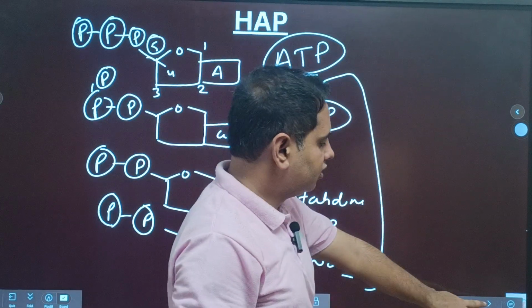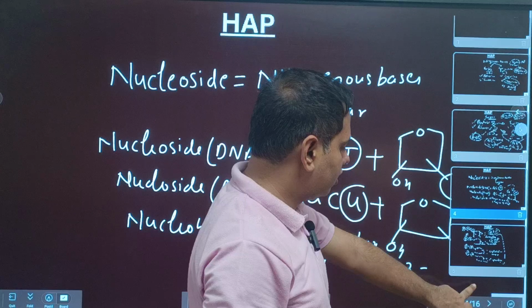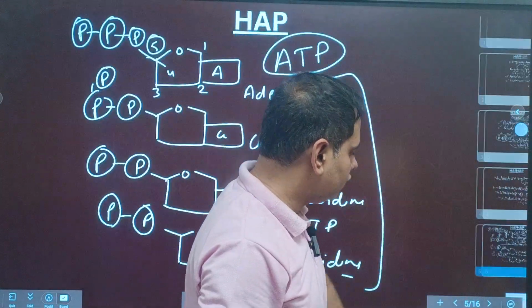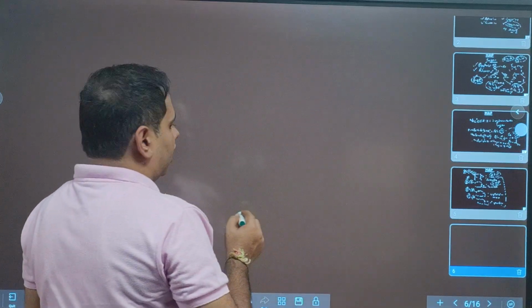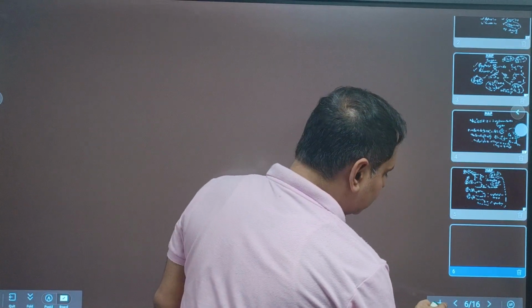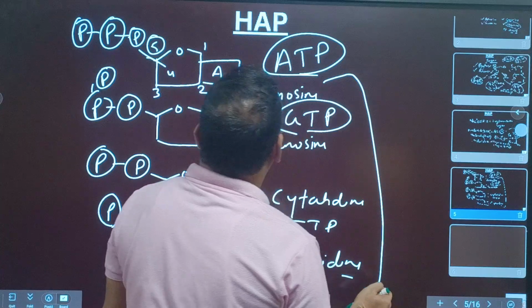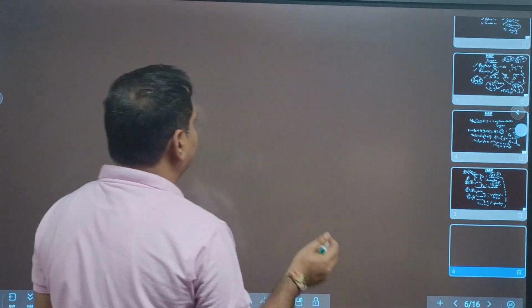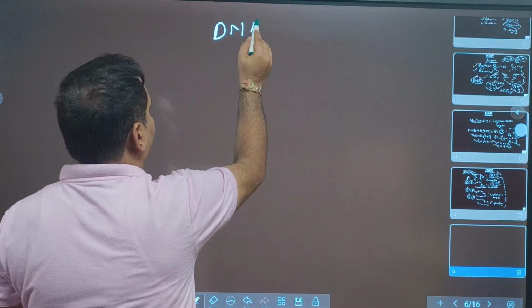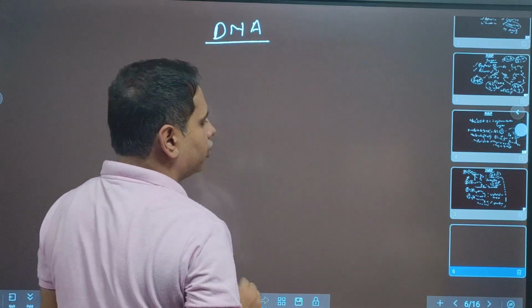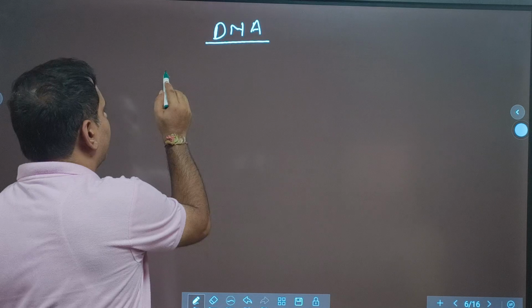Now we are talking about the polymer of nucleotides. We talk about DNA, and DNA is a polymer of nucleotides.